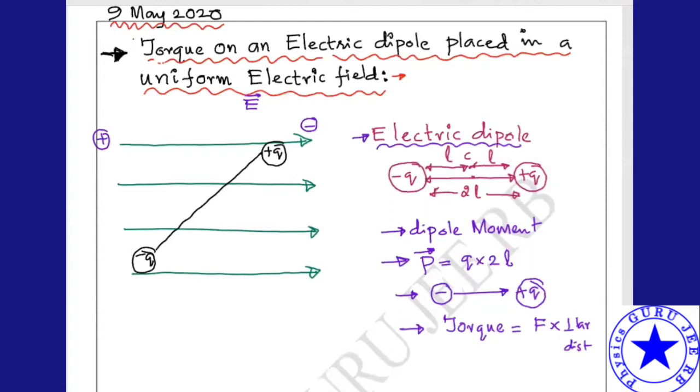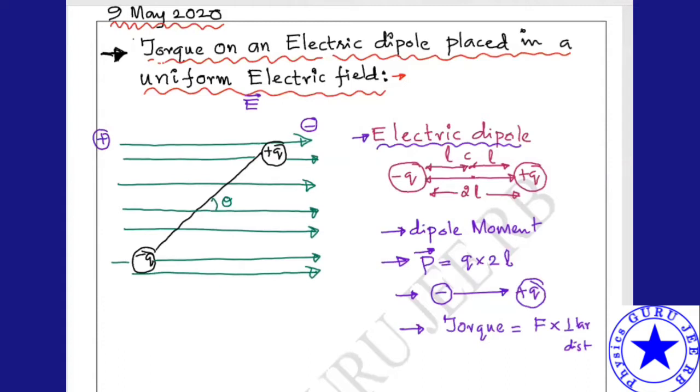Let me draw one more electric line here, and one more like this, so that you get more clarity. Now when I placed it at an angle theta inside the uniform electric field, what happens to it?